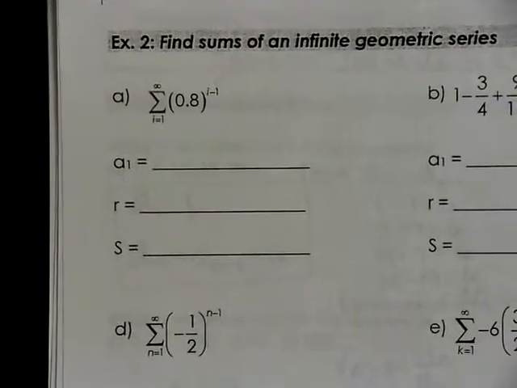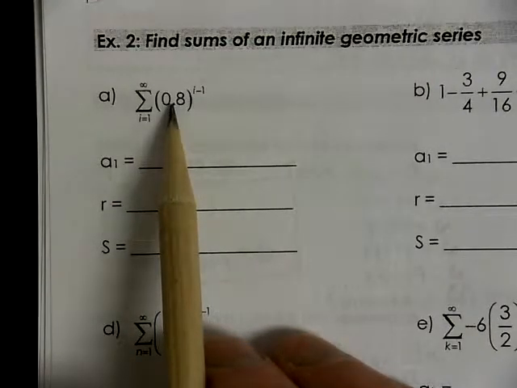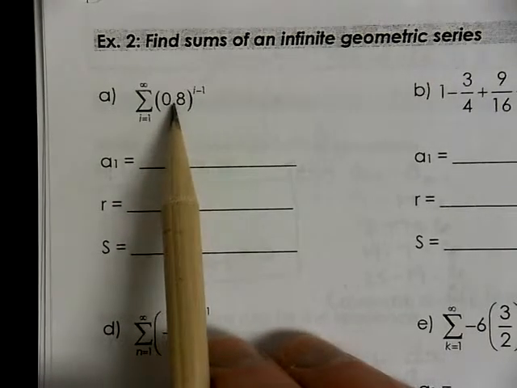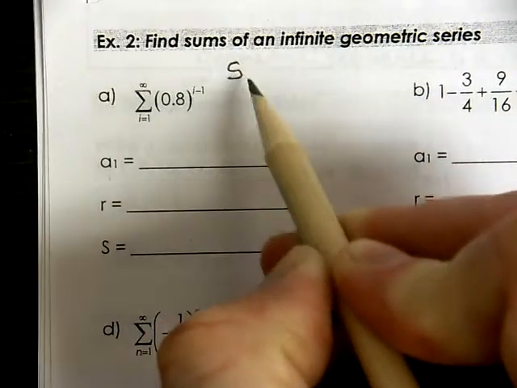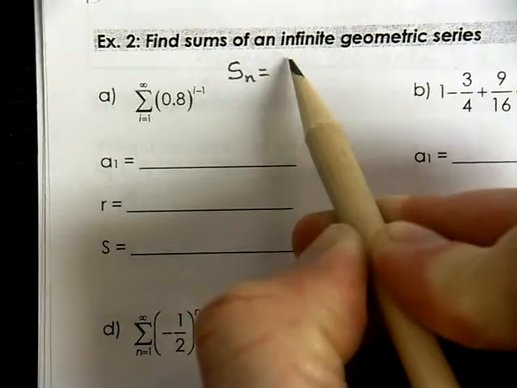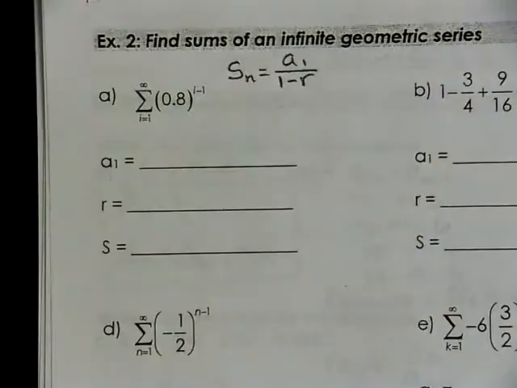Here, for the first problem, we see that the ratio is 0.8, so it's less than 1. Our formula is the first term over 1 minus r.